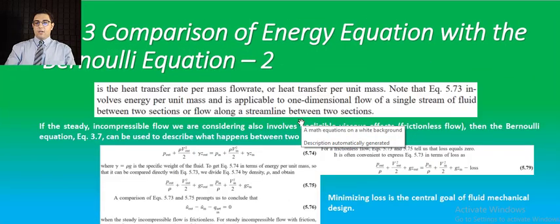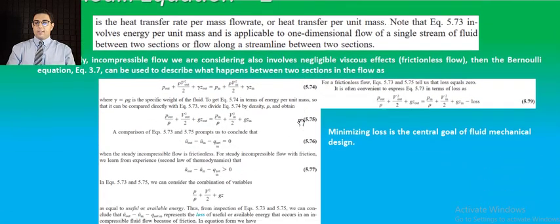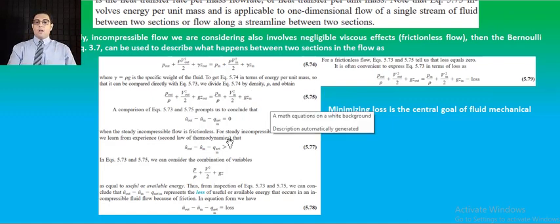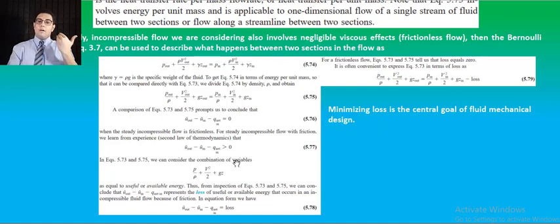As you've seen here, the equation 5.74. We are having some terms of Bernoulli equation, in which we added some terms which are defined as energy losses, available energy losses or useful energy losses. The term is the internal energy which is getting out minus the internal energy which is getting in minus the total rate of the heat transfer into the system per unit of mass.